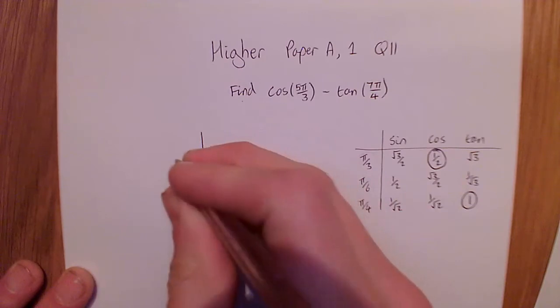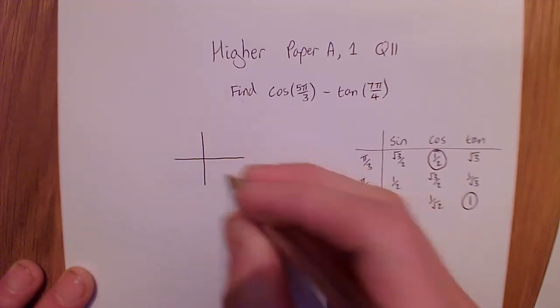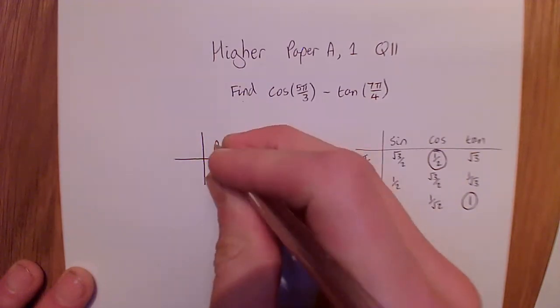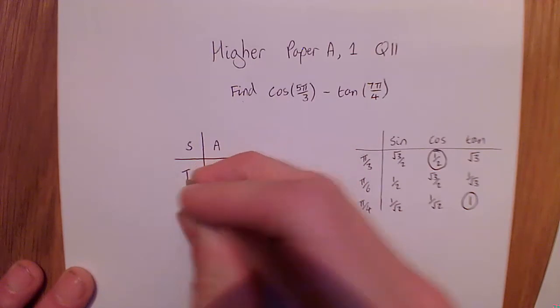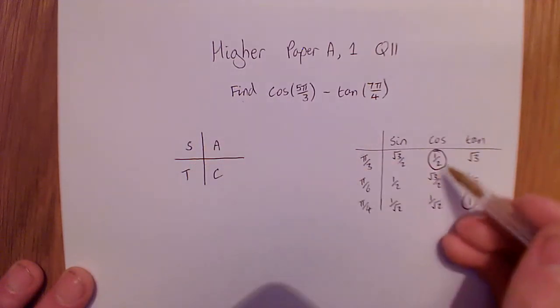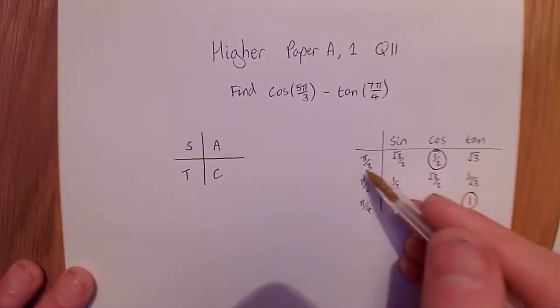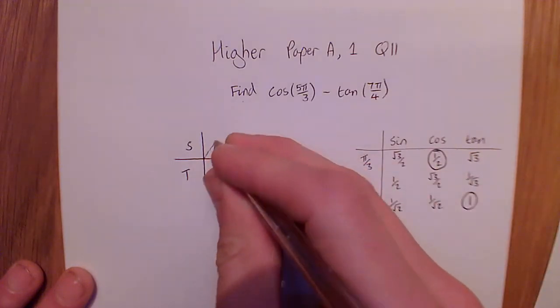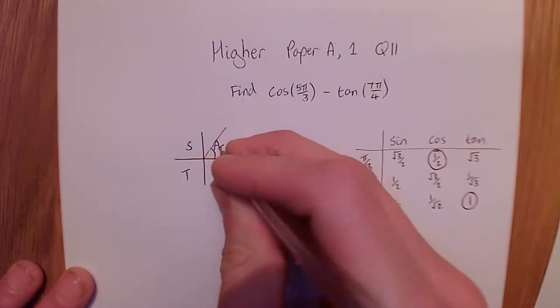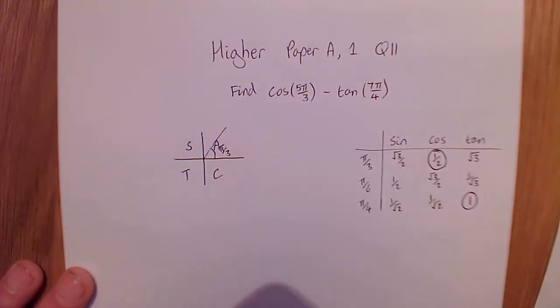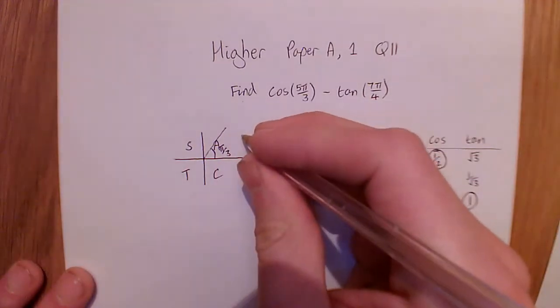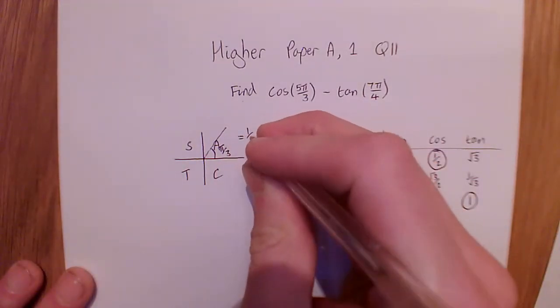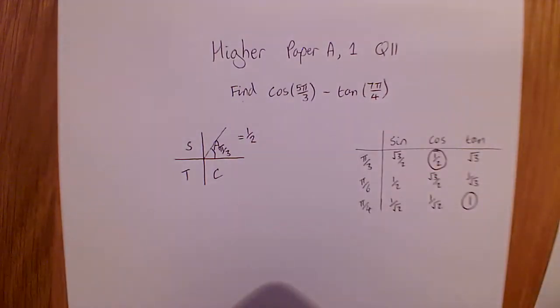This is going to be a really in-depth kind of chat about this question rather than just a solution. And as I say, I'm going to talk quite a lot about this, more than you need to actually answer the question, but so that you build a bit of understanding. So what this diagram here is telling us is if I do cos of pi on 3, which is over here, there's pi on 3, then I get a value of a half.